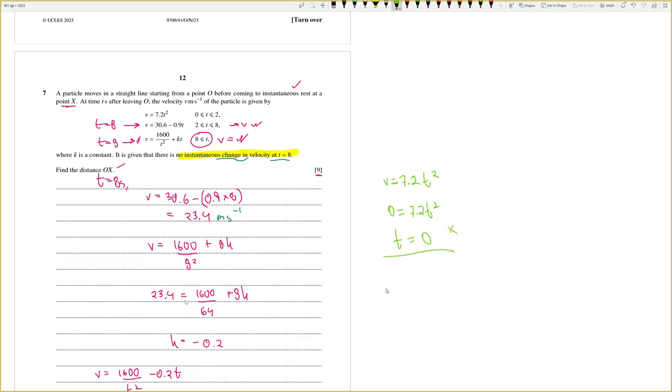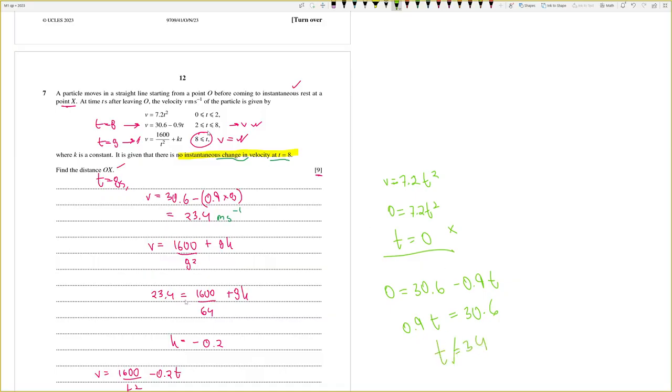In the second one, you can try 0 is equal to 30.6 minus 0.9 t. 0.9 t is equal to 30.6. Let me try this one out. 30.6 by 0.9, t is equal to 34.